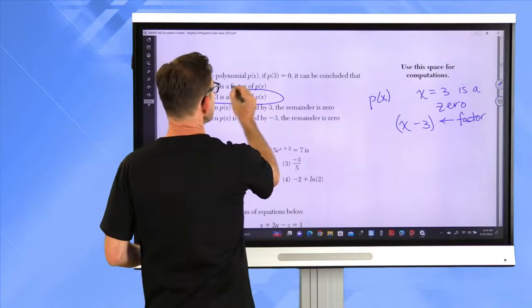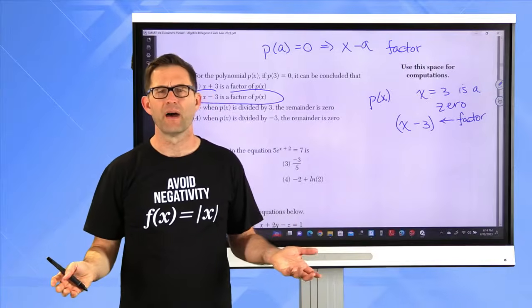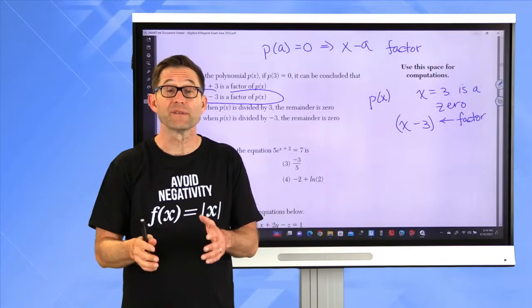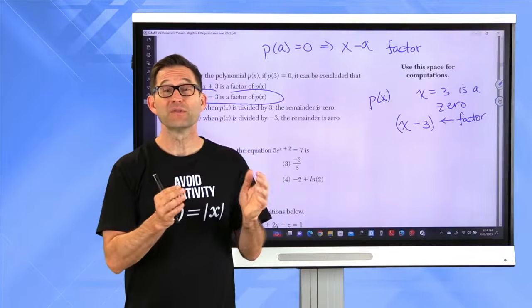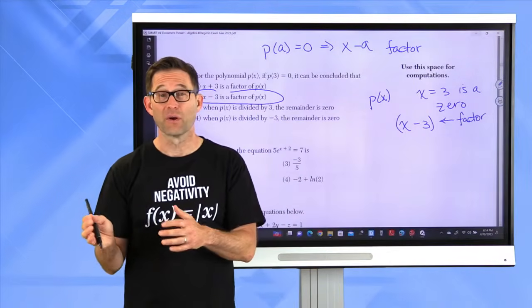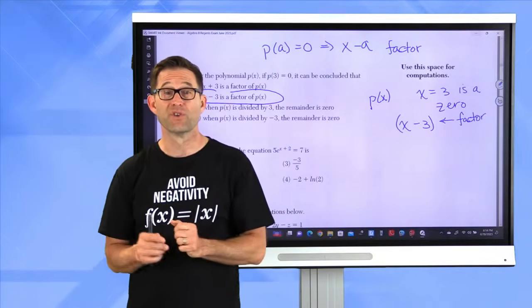So basically if p of a is equal to 0, then x minus a is a factor. And you've seen that time and time again, and you use it especially when you factor something, and then you set each one of those factors equal to 0. So like if a factor is x minus 2, then x equals 2 is a 0.